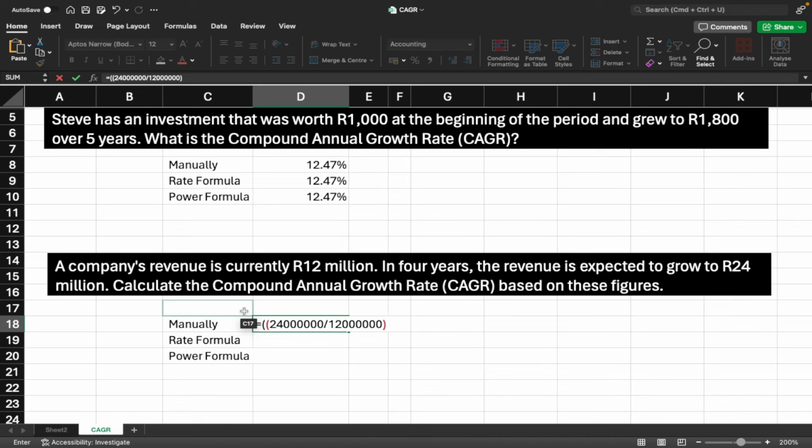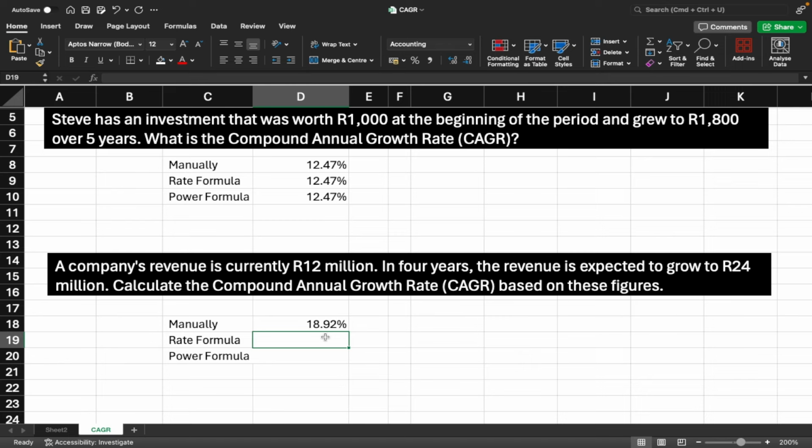So I'm going to put the power sign here, the arrow pointing up, and then I open bracket. 1 divided by how many years were we dealing with here? Well, we're told 4 years, so that's the number of periods here. So 1 divided by 4, close my brackets, and then I close the bracket again to close everything, and then of course I will deduct 1, and then I will press enter, and you can see here it's giving me 0.19. So of course I can just put the percentage sign and then increase my decimals. You can see 18.92%. That's exactly what we had gotten.